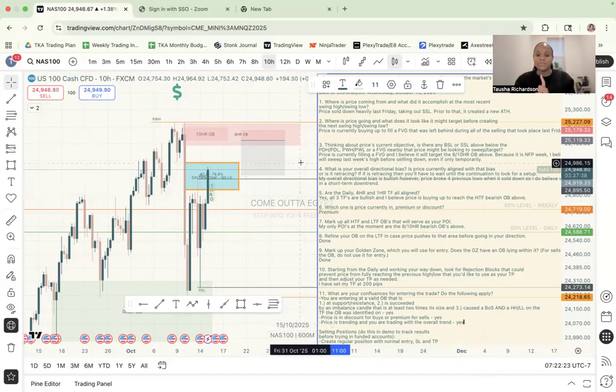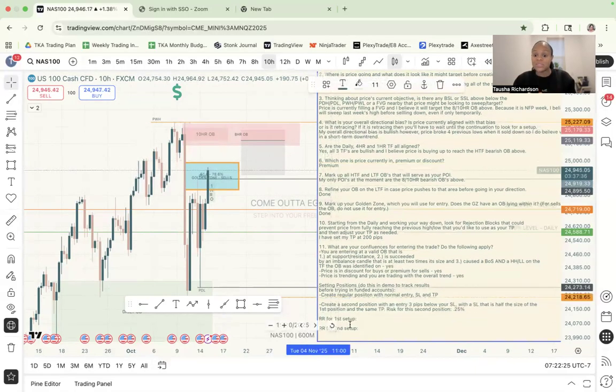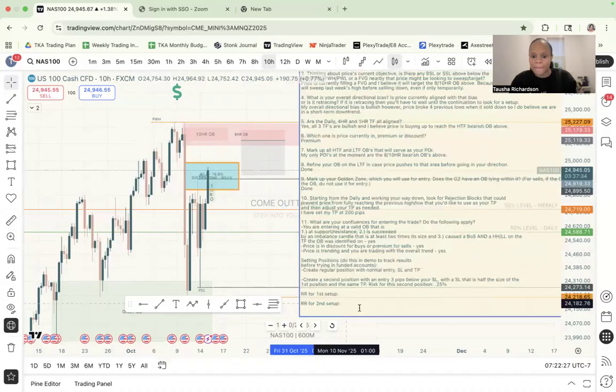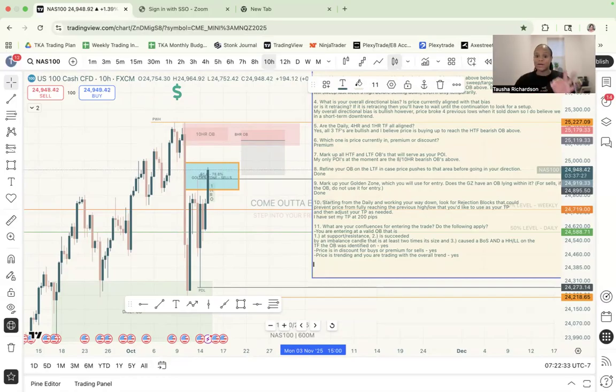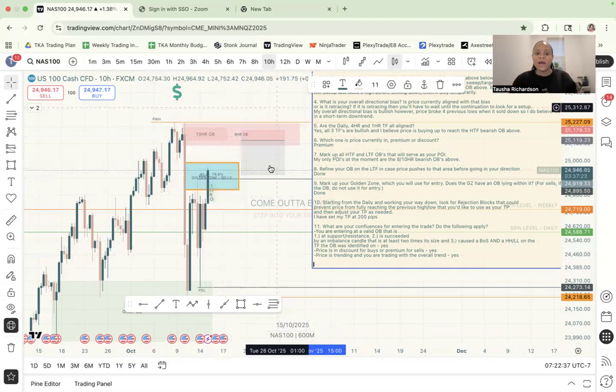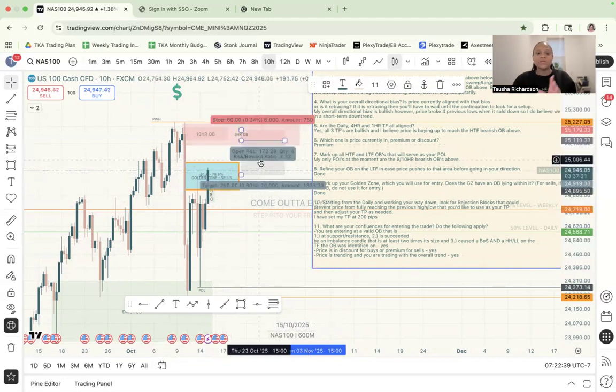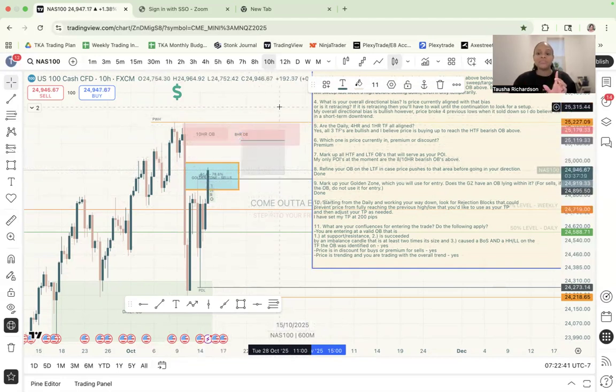Okay, so here we go. As far as entry goes, I do believe that price is going to do a stop hunt. There's a good chance that price will do a stop hunt before it sells down. For that reason, I will not be using a pending order. Sometimes I use pending orders to get into my trades, but I will not be doing that in this case.